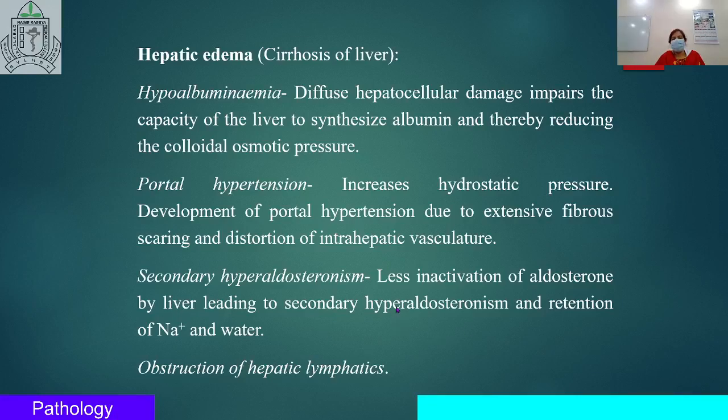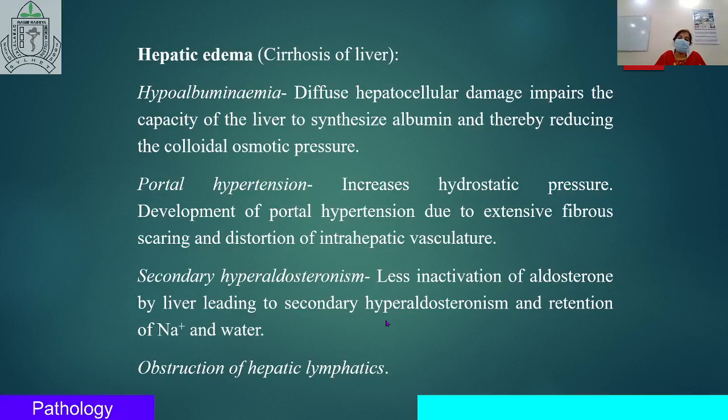As it occurs in the liver, not in the adrenal gland, it is known as secondary hyperaldosteronism. So what do you mean by primary hyperaldosteronism? If there is an increased level of aldosterone due to an adrenal gland cause, it is known as primary hyperaldosteronism. Here, hyperaldosteronism occurs due to less inactivation of aldosterone by the liver, which is known as secondary hyperaldosteronism.